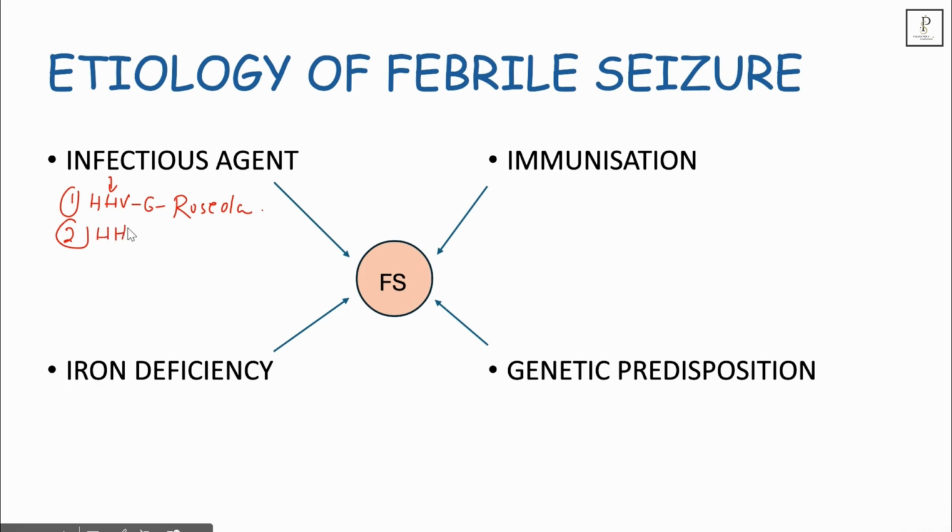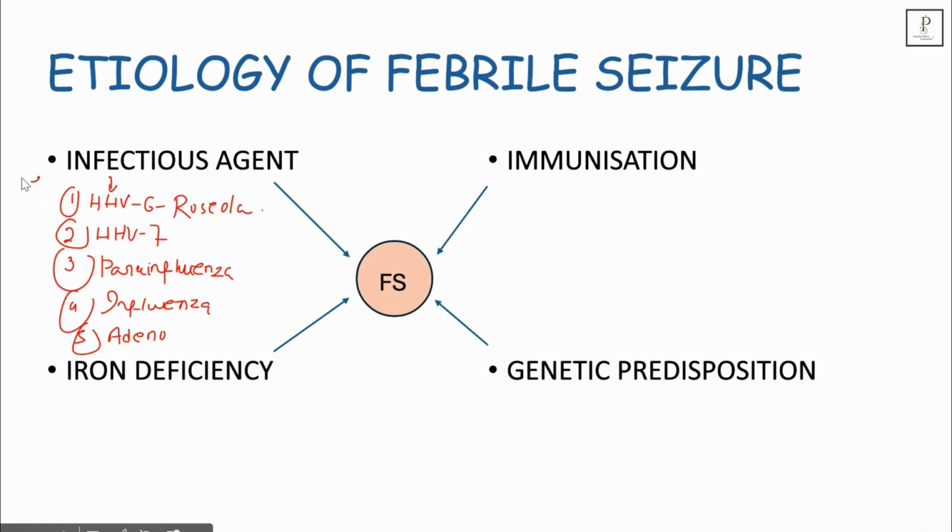Second is HHV7. Third is parainfluenza. Then influenza and adenovirus. These are the most common organisms causing febrile seizure.